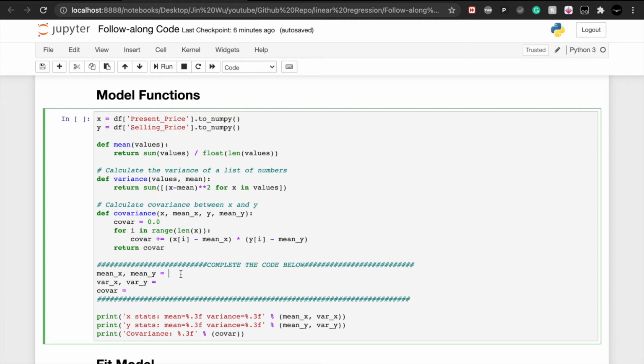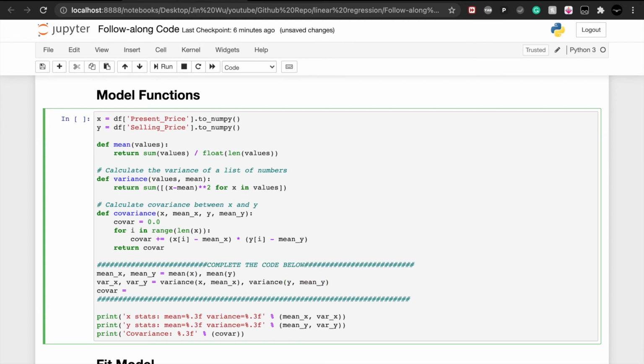Mean x, mean y is going to be equal to mean of x and mean of y. So let's call those functions. And for the variance of x and y, we need to call the variance function and pass in the necessary parameters. So let's go ahead and do that. So variance of y, and then we need to pass in the mean of y as well.